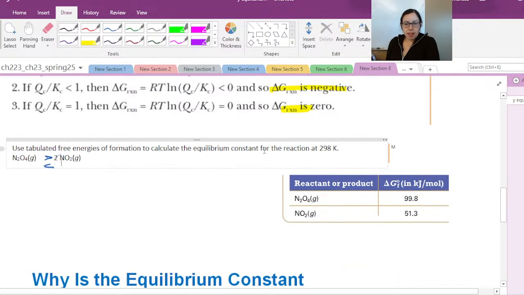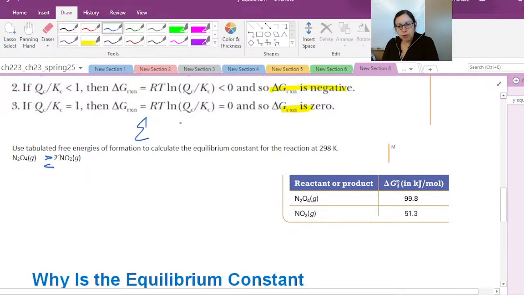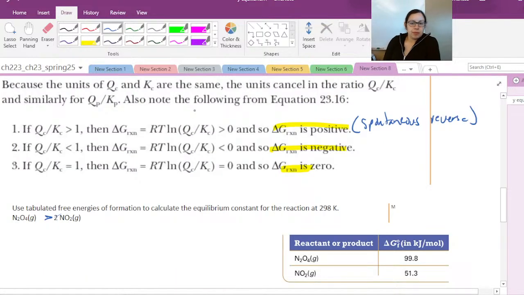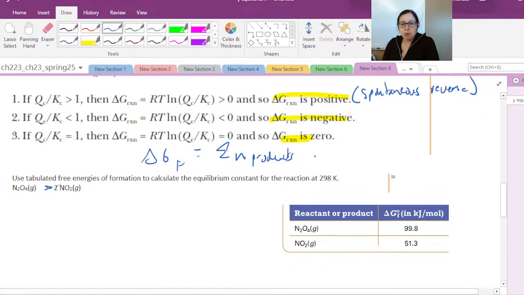So it's asking you to do your delta G. Just like we can sum up our enthalpies or entropies, we can do the same for delta G's if we are given our values. So our overall change in Gibbs free energy is equal to the sum of our products, with n indicating that we should multiply by the correct number of moles, minus the sum of our reactants.